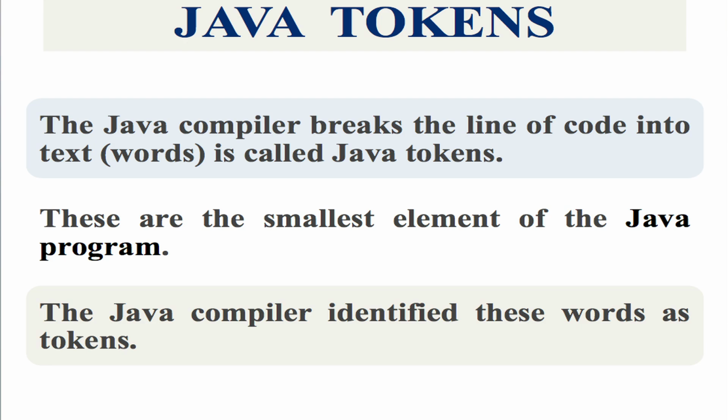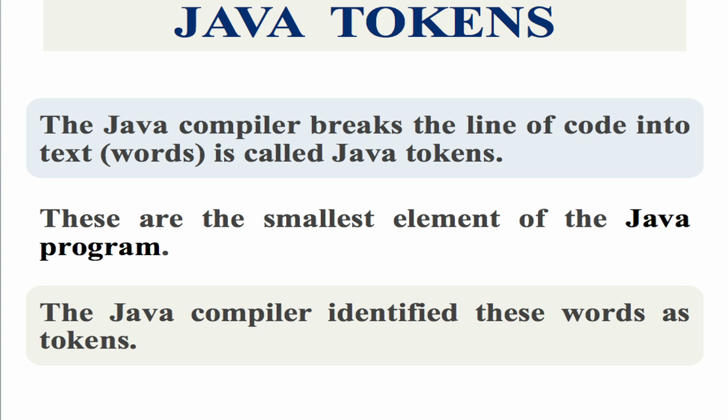So first of all, Java token. The Java compiler breaks the lines of code into text called Java tokens. A small part, a small element of our program is called a Java token.